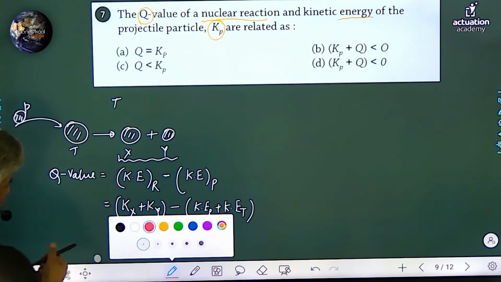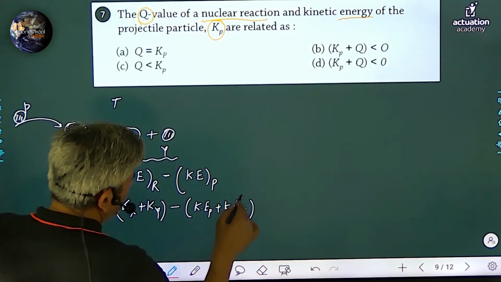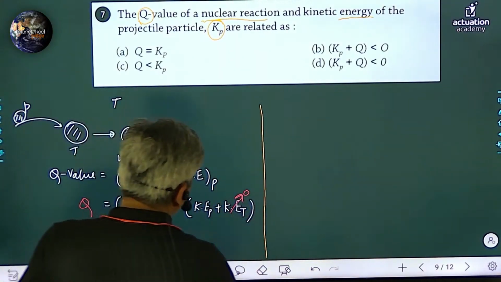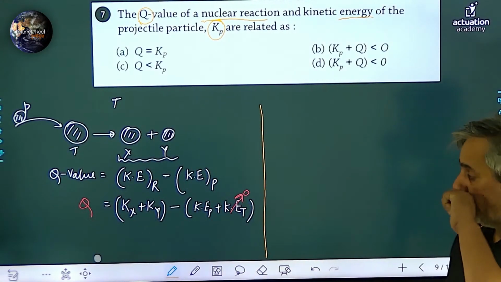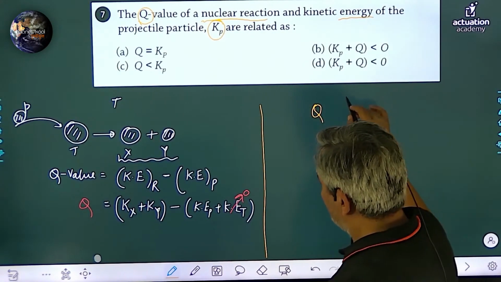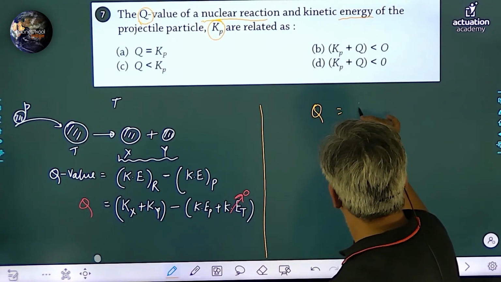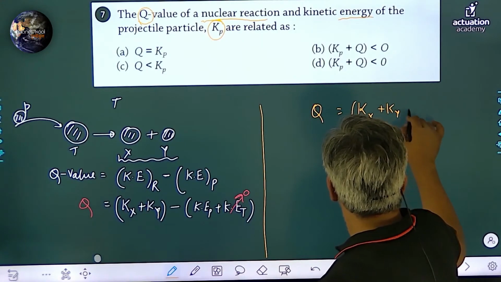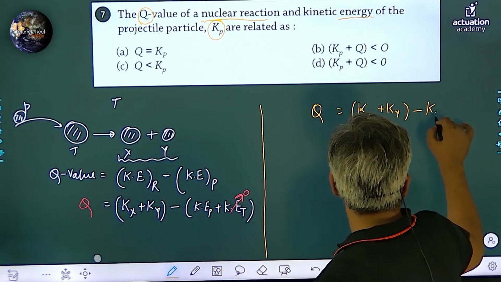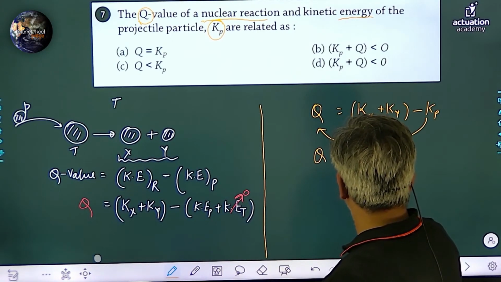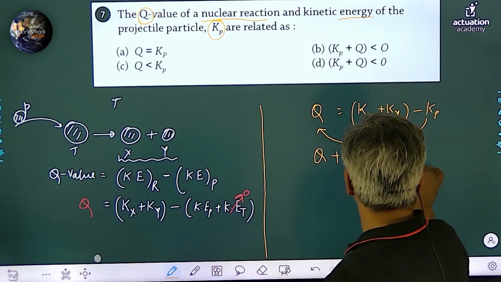And the kinetic energy of the target here is 0 because it is at rest. So we can write that Q is equal to Kx plus Ky minus Kp, the projectile. So Q plus Kp is equal to Kx plus Ky.